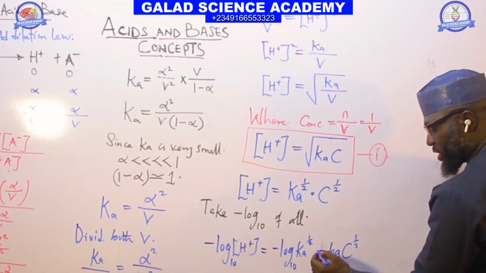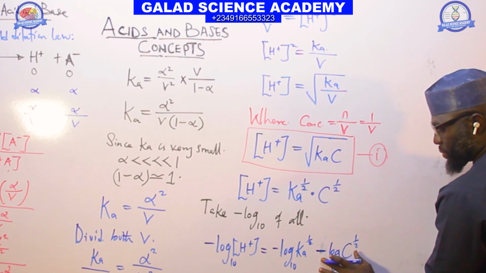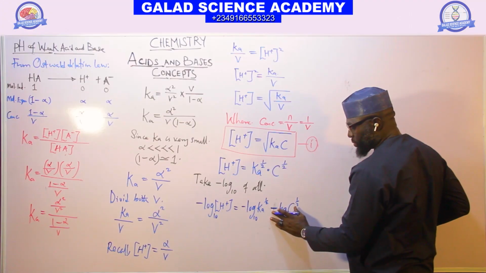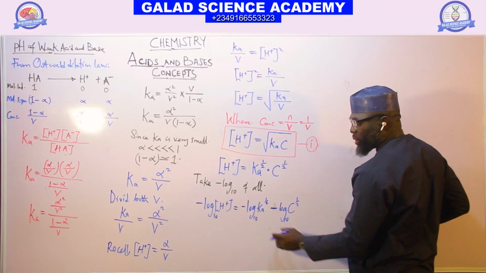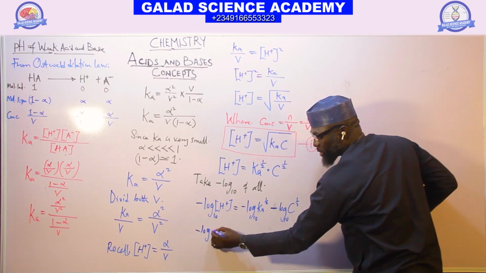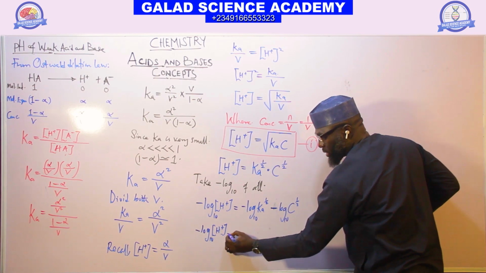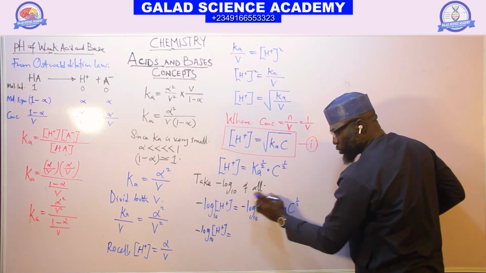The negative logarithm here, from the law of logarithm, we can have logarithm of the concentration of this to base 10. This will come to the front.